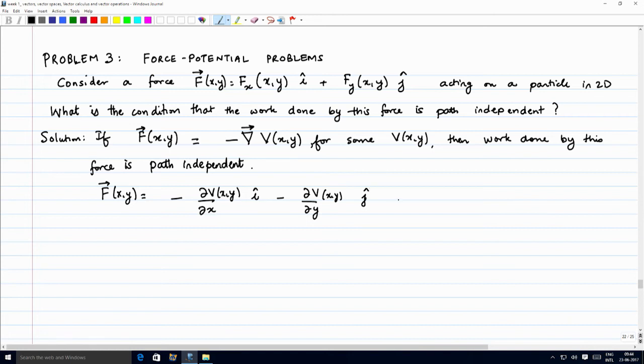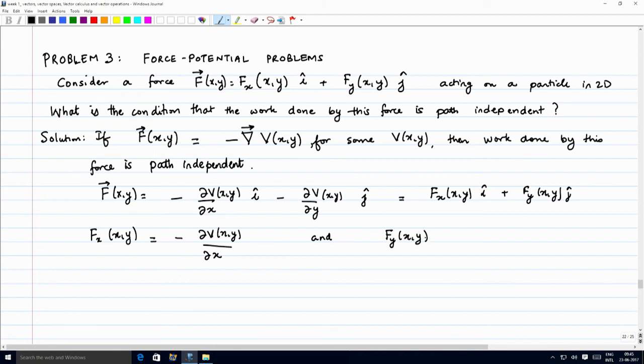And this is equal to f_x of x y i plus f_y of x y j. So, therefore, we conclude that f_x of x y should be equal to minus dou v of x y by dou x, and f_y of x y is equal to minus dou v of x y by dou y.